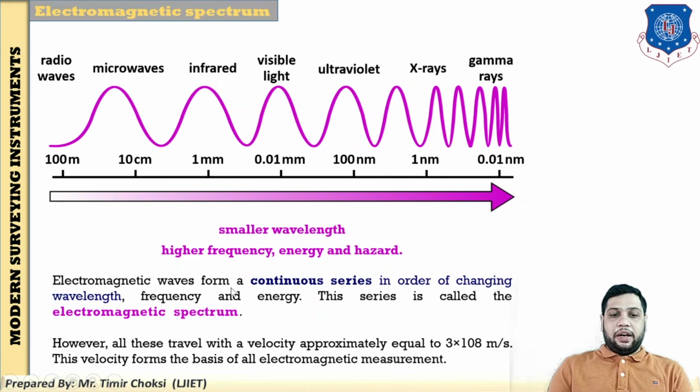Now, electromagnetic waves form a continuous series in an order of changing wavelength, frequency, and energy. This series is called the electromagnetic spectrum. So the third definition of the electromagnetic spectrum is that electromagnetic waves form a continuous series in an order of changing wavelength, frequency, and energy. You already know the change in wavelength: first the wavelength is smaller, then it becomes longer. This series of changing wavelength, frequency, and energy is called the electromagnetic spectrum.